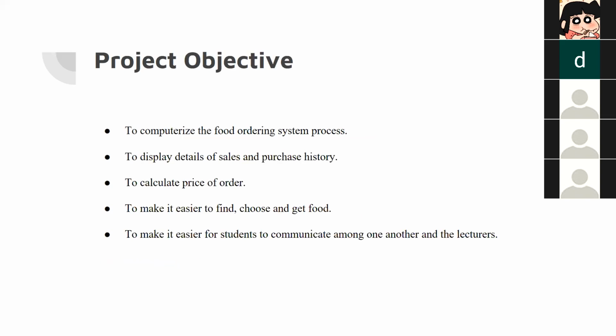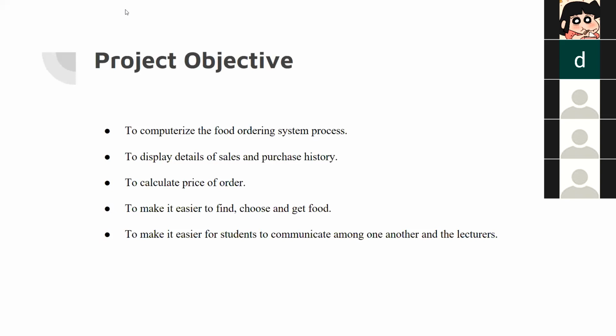Next, I'm going to be talking about the project objective. The first objective is to computerize the food ordering process so that the orders do not have to be taken manually. Besides that, it is to display details of sales and purchase history so that the students and the admin will have records of the items being bought and can view them anytime.